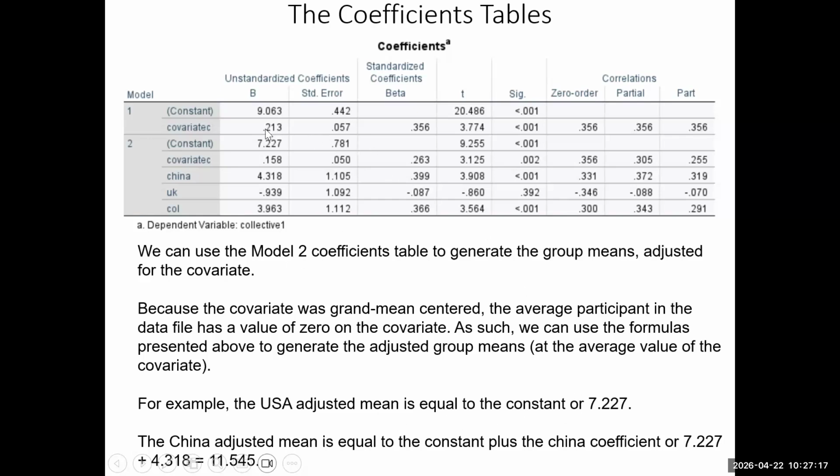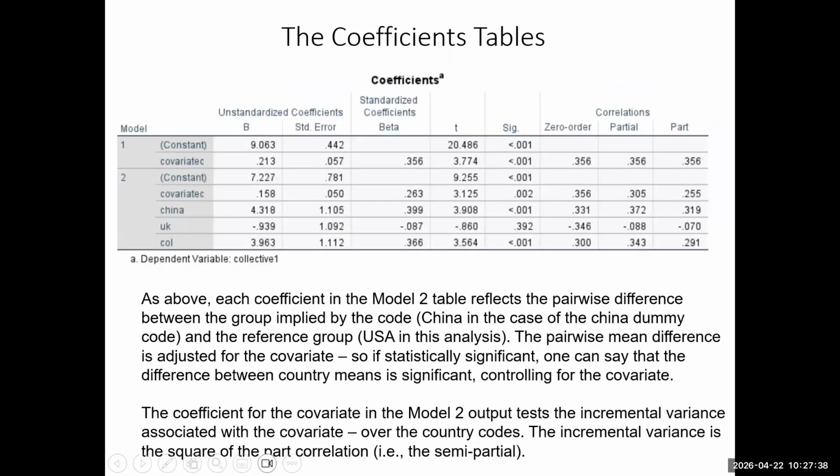And so the USA mean adjusted for the presence of the covariate is going to be equal to the constant from the model 2 coefficients, that's 7.227. And then the China mean would be the constant plus the China coefficient. And so that mean is 11.545. And again, that's adjusted for the presence of the covariate. Okay.